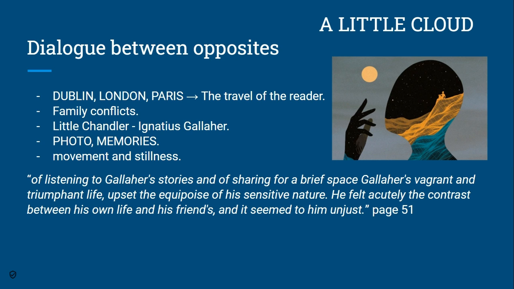We can find in this short story also the element of the photo related with memories, and there's some sorrow in it, because when this character took the photo, it brought him a bad feeling.